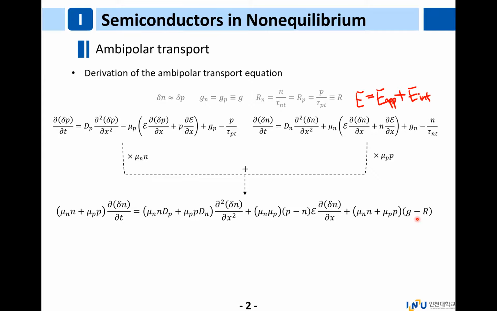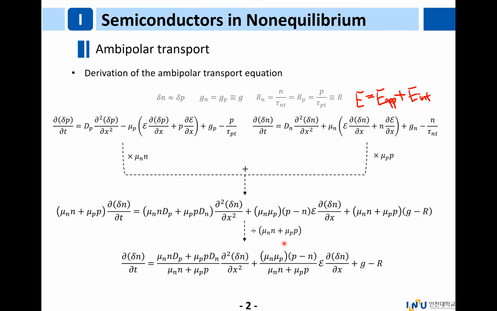Furthermore, dividing by the common factor, we can see that the derivative term with respect to the electric field disappears, right?